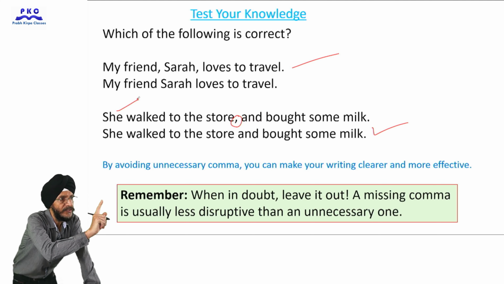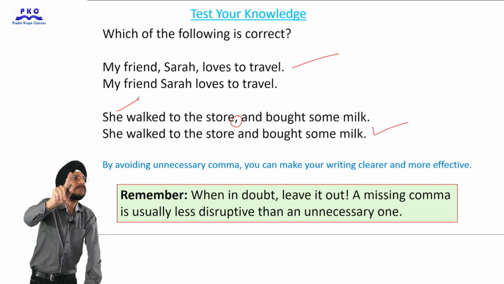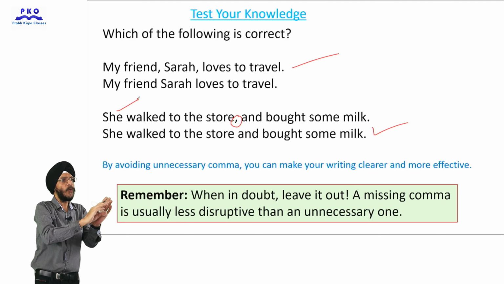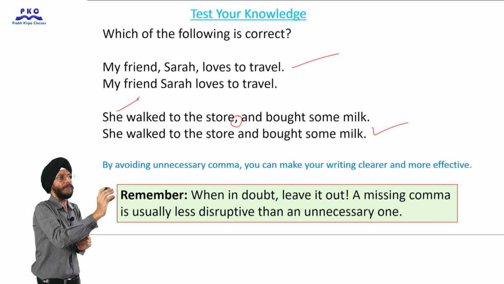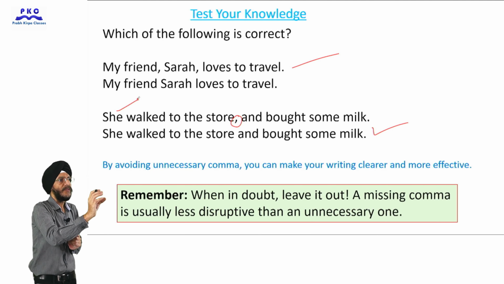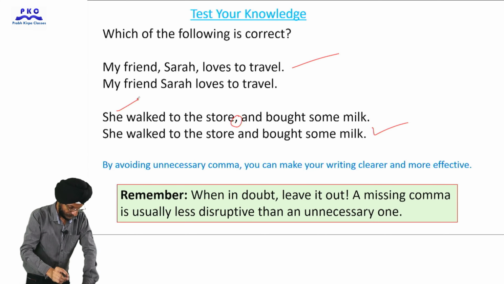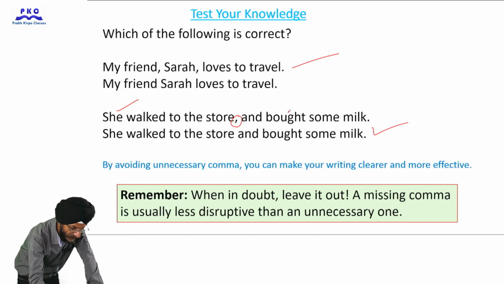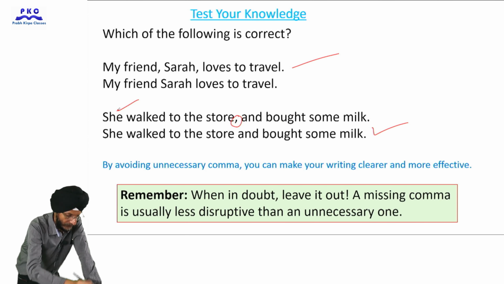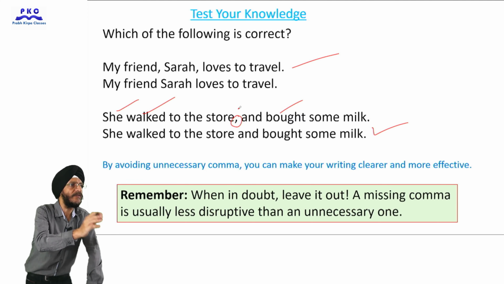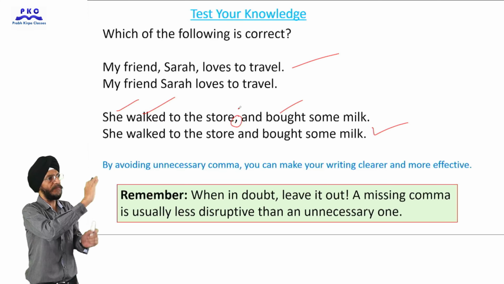Subject is the same. She walked to the store. She bought some milk. So there is no need of separating or putting a comma in between. There are two actions performed by this subject: walking and buying. There is no need of a comma in between because the subject is the same.